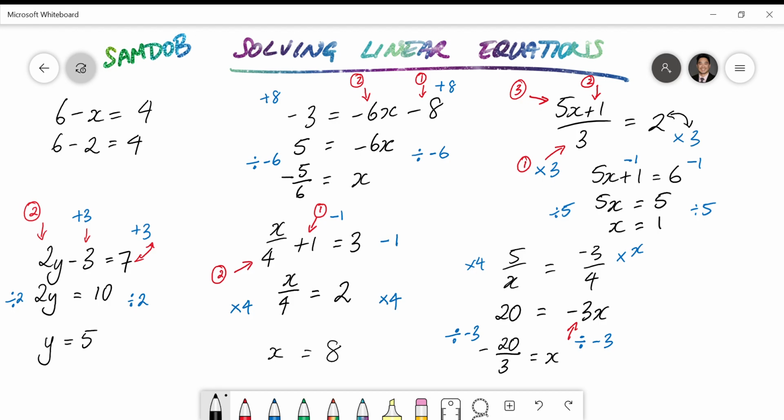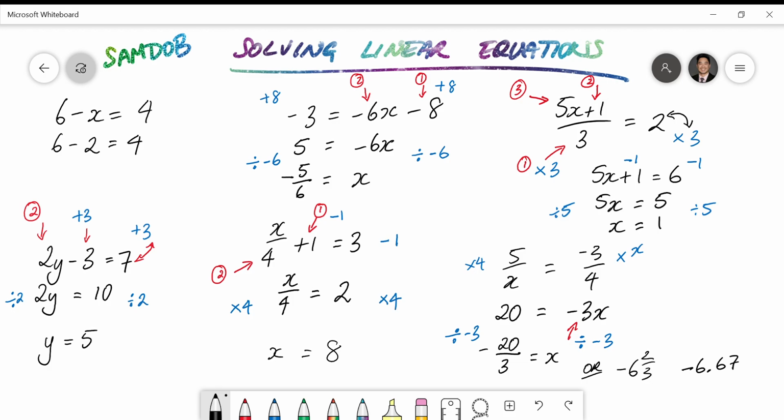Now, if the question asks you for different forms, let's say a mixed number, you would say minus 6 and 2/3. If you want it in decimal form, then you'll go minus 6.67, say rounding off to 2 decimal places.